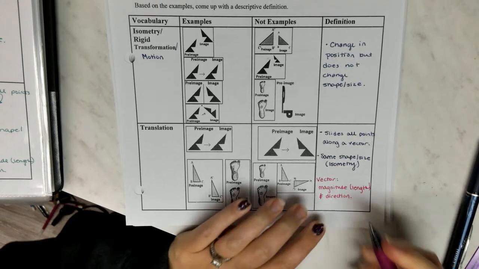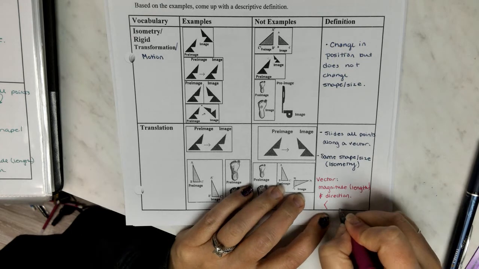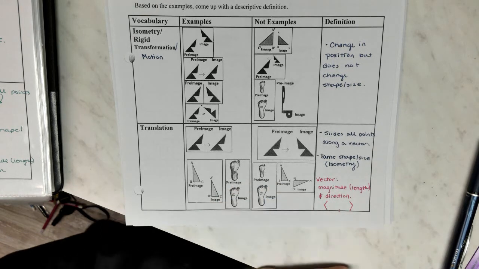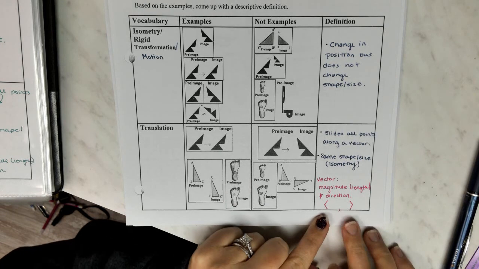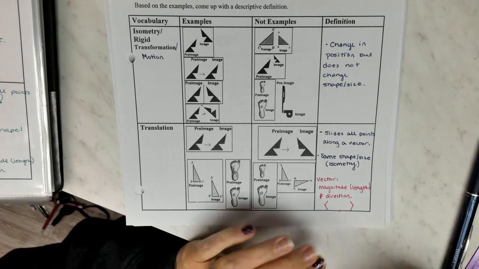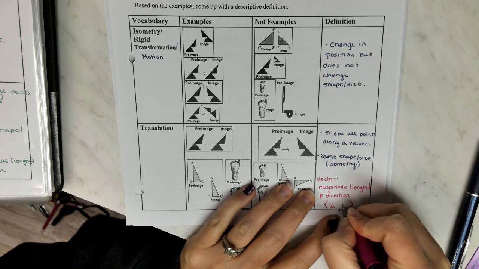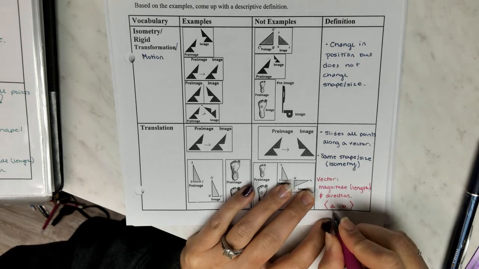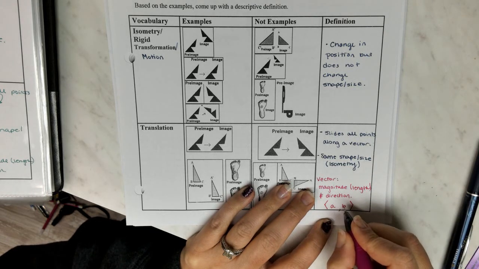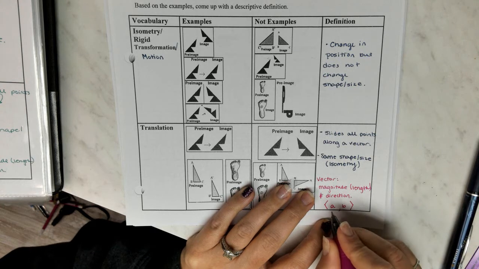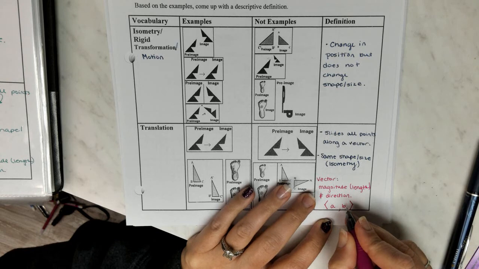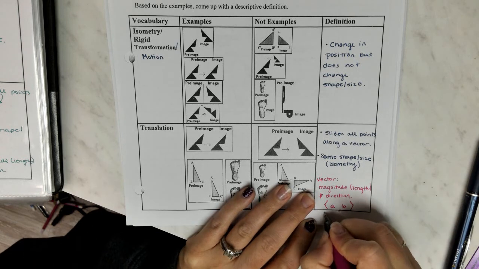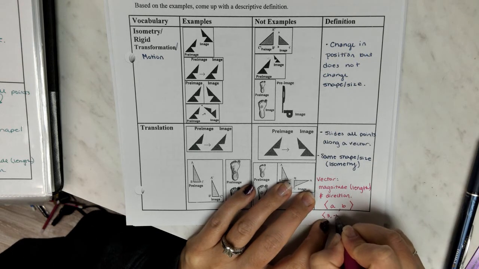The way that a vector is written, it's written almost like a coordinate point, but instead of parentheses, they are pointed brackets, and you'll have a, b. The A tells you how far left or right you'll move, and B will tell you how far up or down you're going to move. So let's say you had the vector <3, -4>.